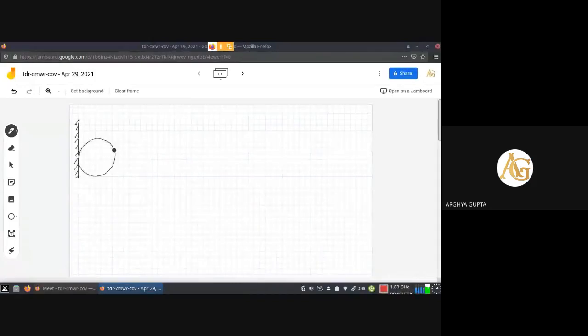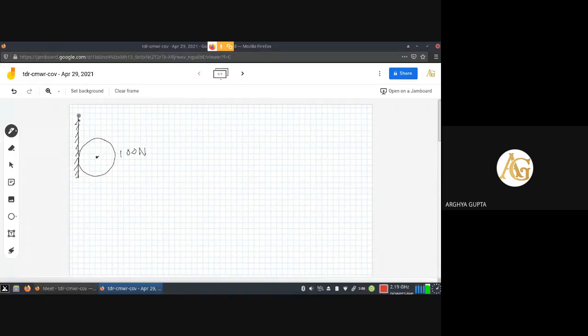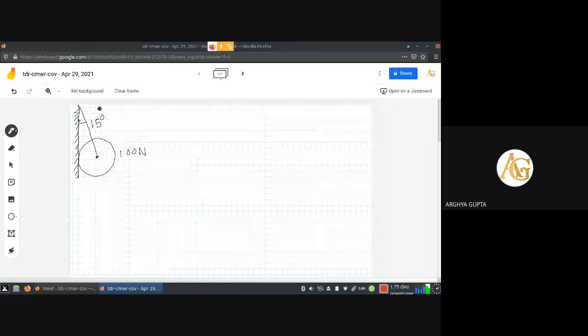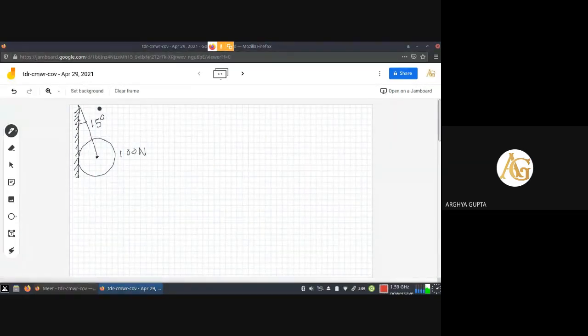The weight of the roller is given as 100 Newton, and it is attached with the wall by means of a string, like that. And the angle is given as 15 degree. This is the problem given.